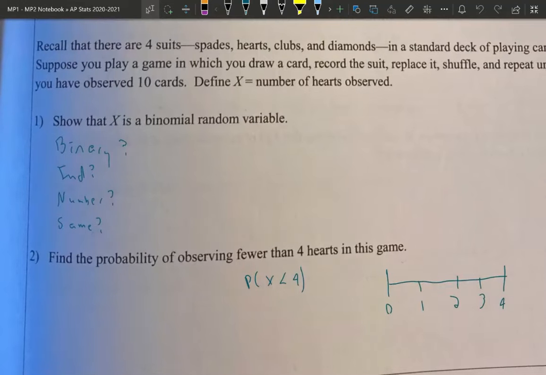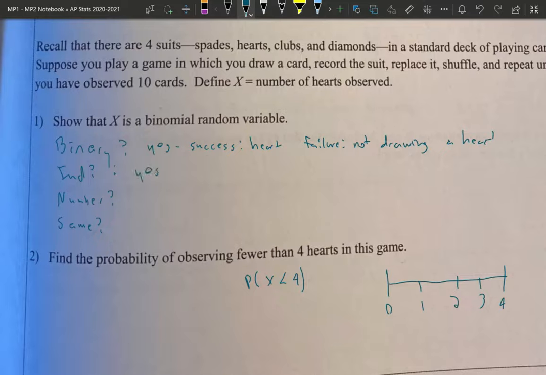No problem. All right, so first one, is it binary? Yes. In this case, success is going to be represented by drawing a heart, and failure is not drawing a heart. Okay, independent. Yes.